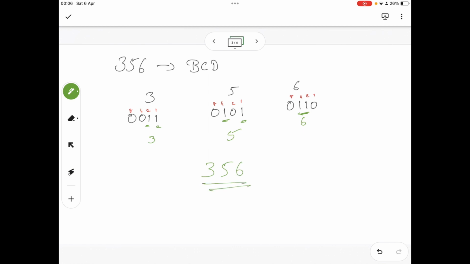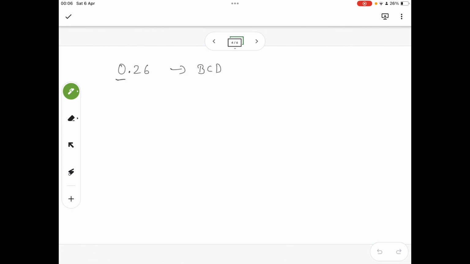Let's take another one. Here I am taking a decimal number. Do not get confused with the binary conversion of decimal numbers. BCD is different than that. BCD is just a coded form where we take each number in isolation and convert it into binary. So let's take 0, which is not doing anything, then 2 and 6: 0110, 0010, and this is 0.